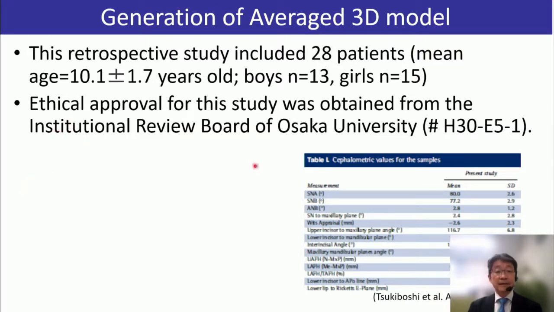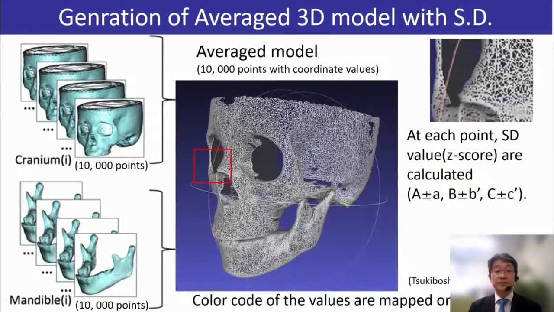The sample features are shown in this table. And this picture shows how the average model is generated from the samples. We prepared 28 sample data, and each sample has 10,000 points.